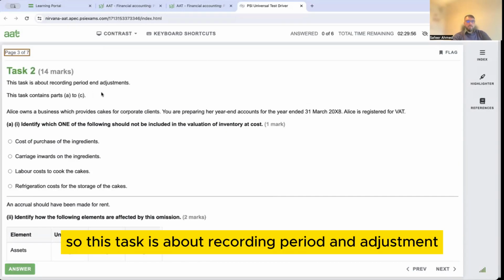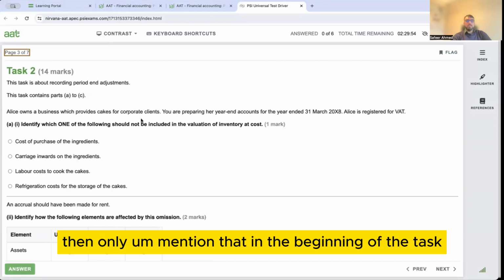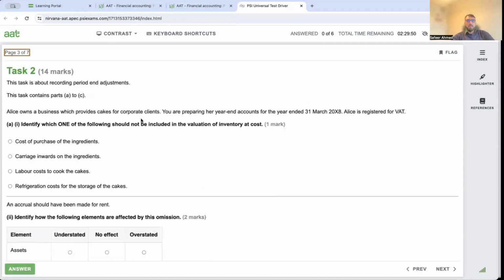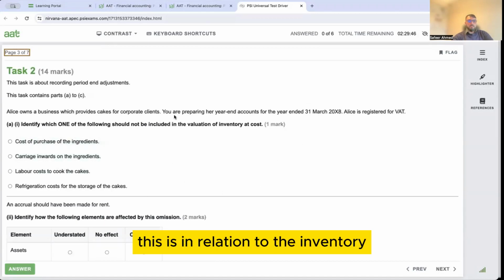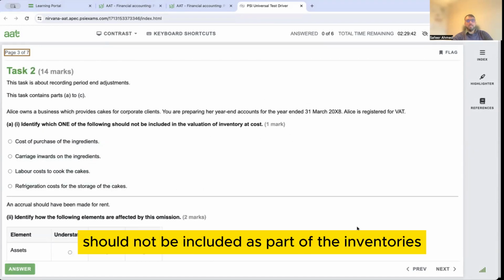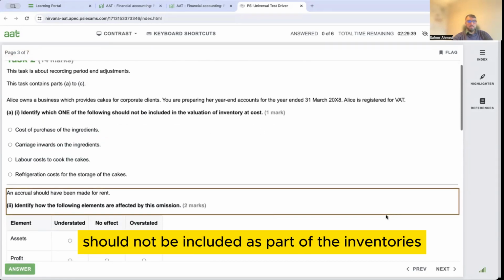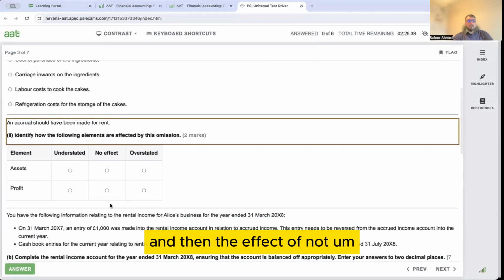So this task is about recording period end adjustments. They normally mention that in the beginning of the task. If I give you a little overview of this task, this is in relation to the inventory, which of the costs should not be included as part of the inventories. And then the effect of not recording something in relation to accruals and prepayments.